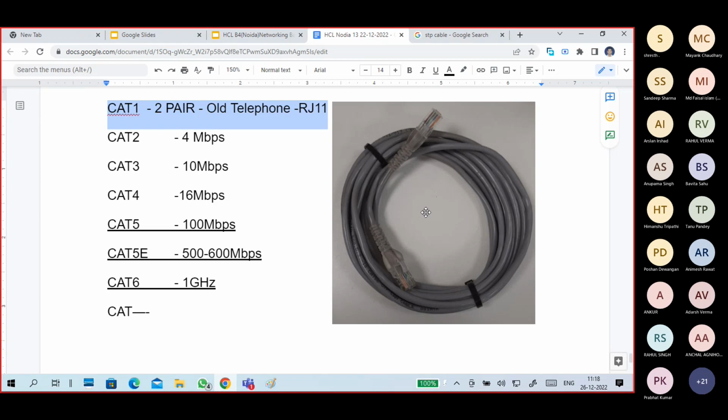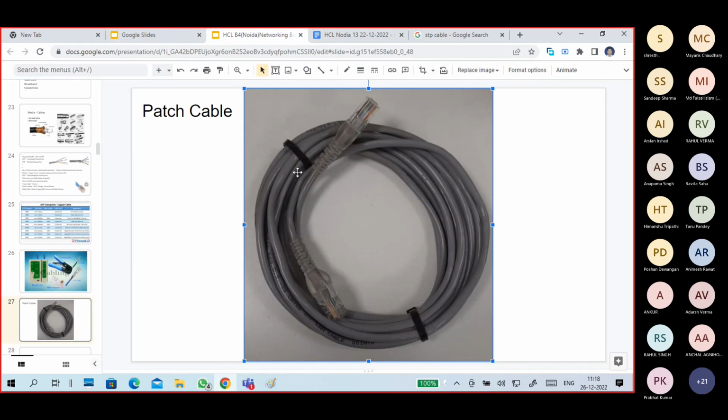This is one complete cable. One side goes to a switch, a hub or a wall point, and the other side goes to your computer or laptop. Network cable, patch cable, LAN cable, all words are the same, no difference.